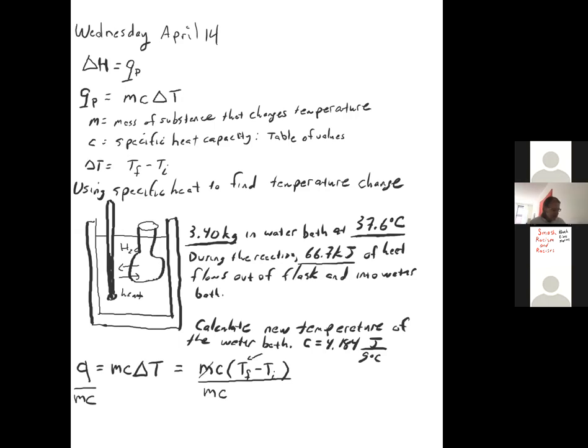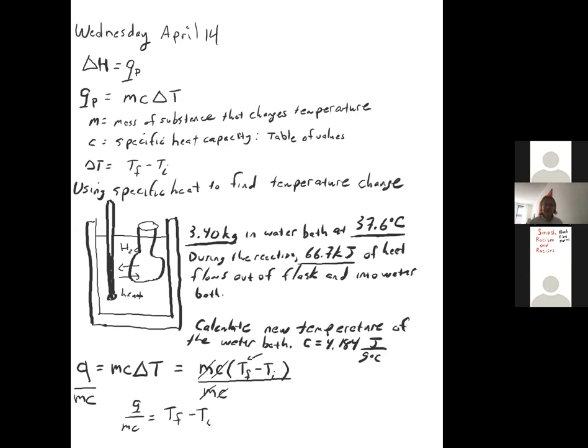M divided by M is 1, and C divided by C is 1, right? So now we have Q over MC equals T final minus T initial. Let's write that over here. Q over MC is equal to T final minus T initial.